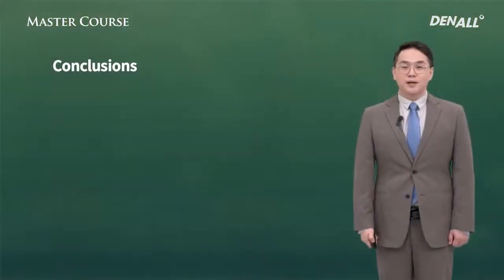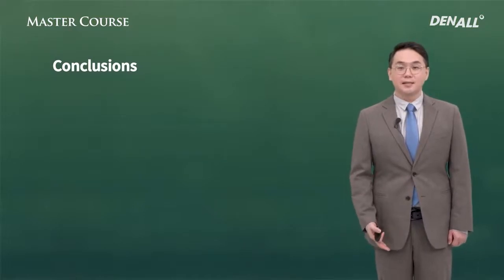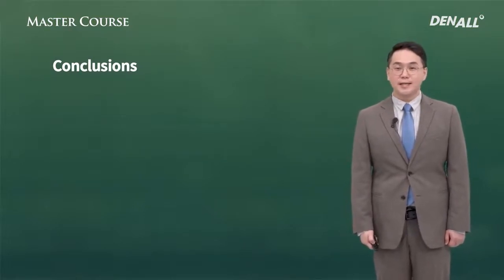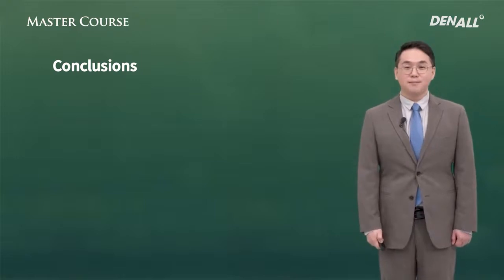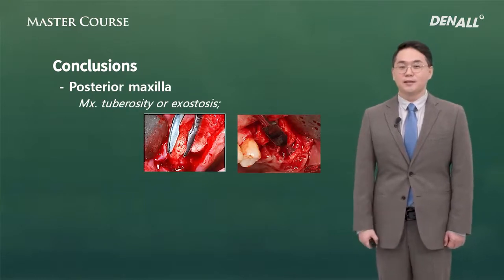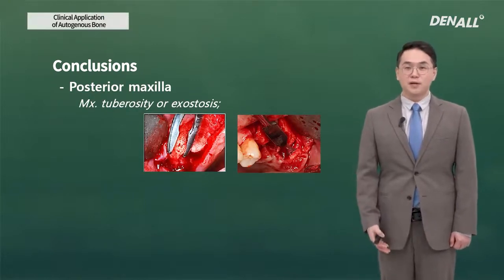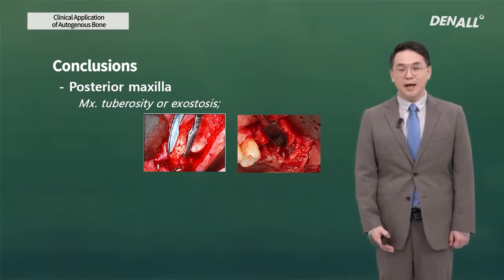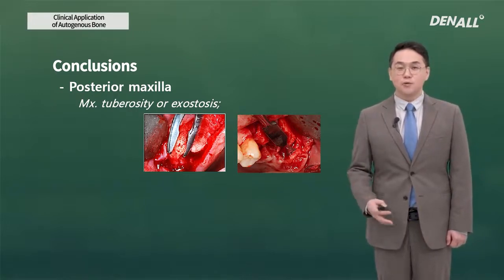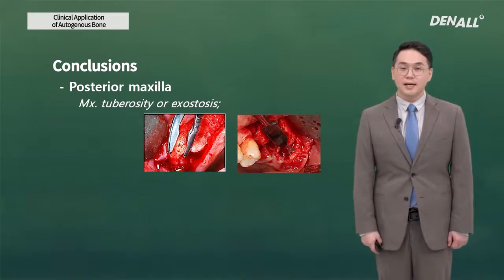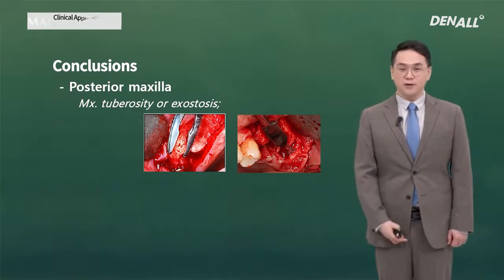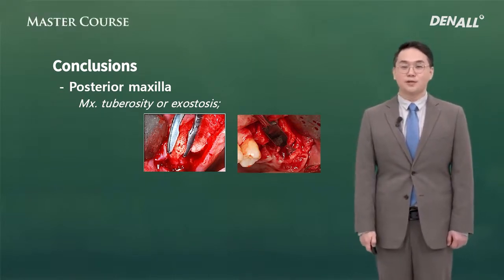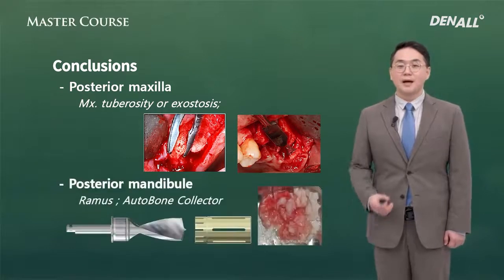We talked about the autogenous bone graft technique, which is easy to use. In conclusion, in the upper posterior region, a bone chisel or a bone wronger can be used to get bone from the maxillary tuberosity or exostosis. After that, you can use a bone mill or a bone crusher to break it into particles.